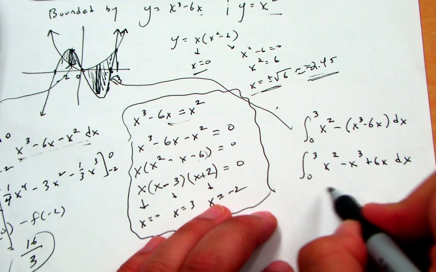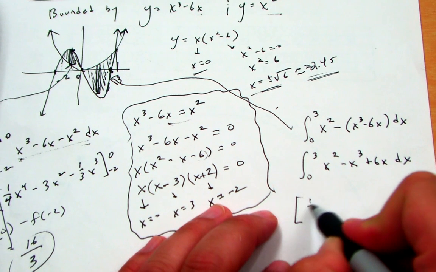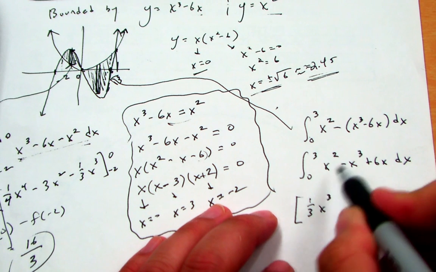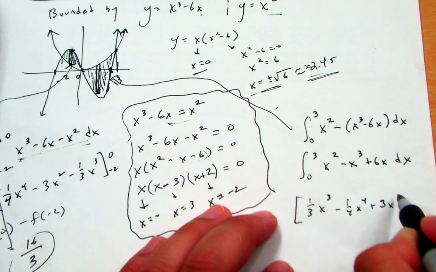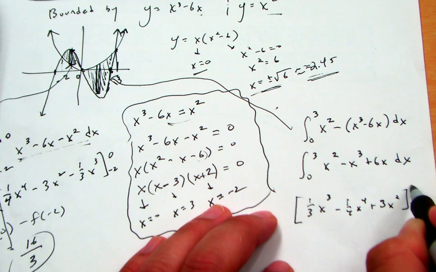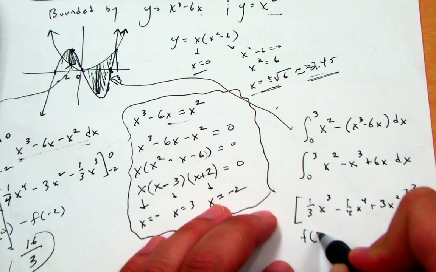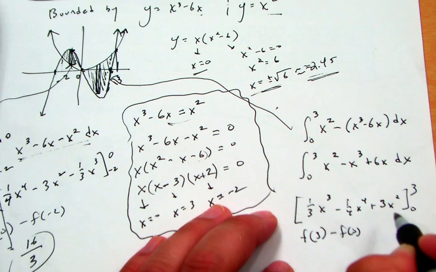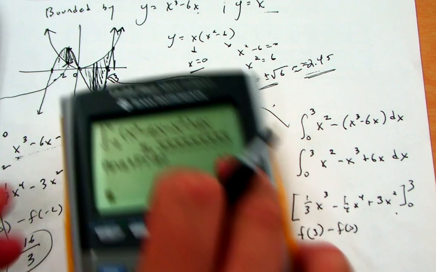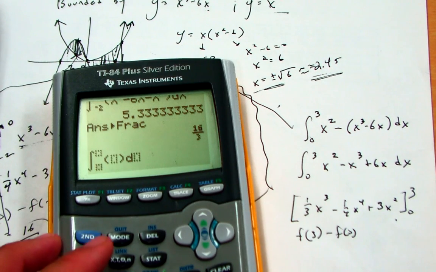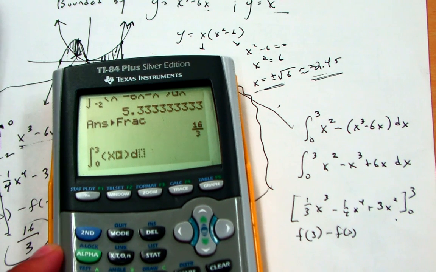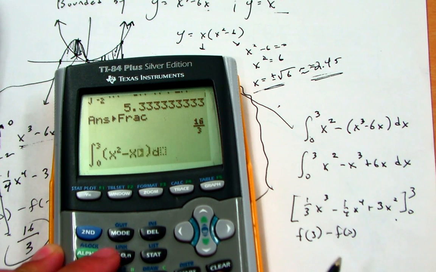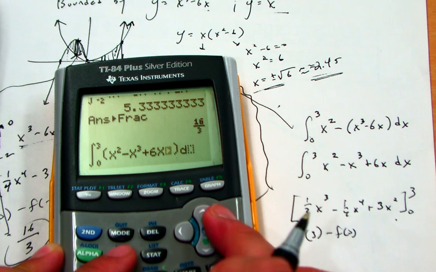And then I can take the antiderivative, 1/3 x cubed minus 1/4 x to the 4th plus 3x squared from 0 to 3. f of 3 minus f of 0, where you consider this to be f, would give you, in a perfect world by hand, but in rushed YouTube economy, the integral of x squared minus x cubed plus 6x dx.